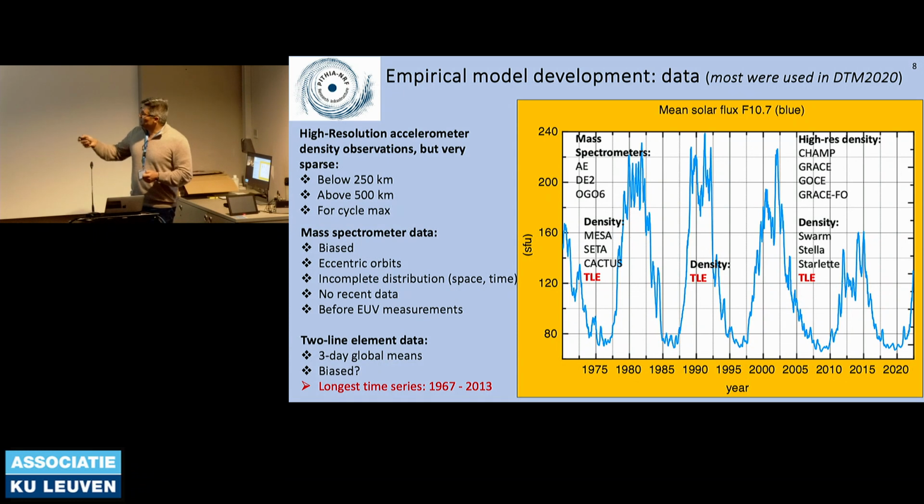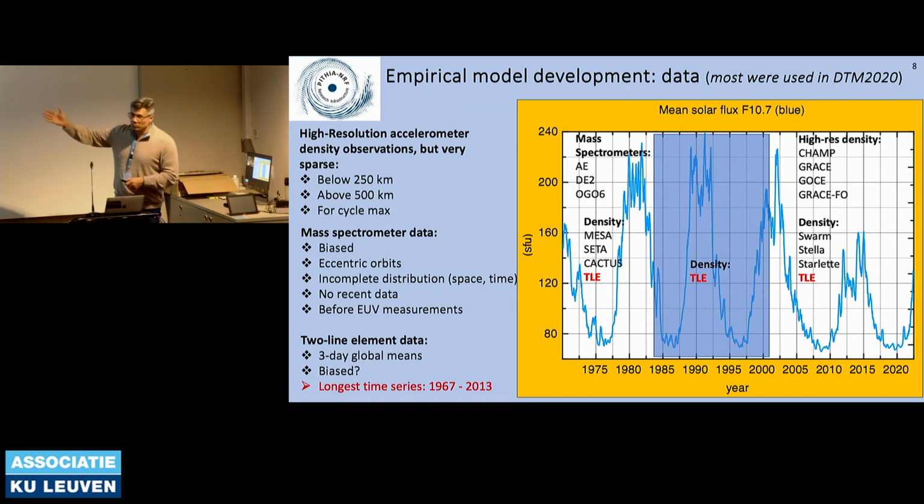So these values have to be calibrated through the model 20 to 30 years back. And so here in the middle, essentially we have no high resolution data at all. The only thing that connects us are, again, daily mean densities based on two-line element data, which span all the way back from the 60s almost to today.